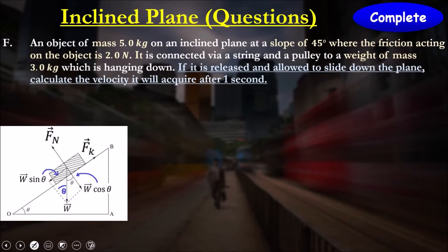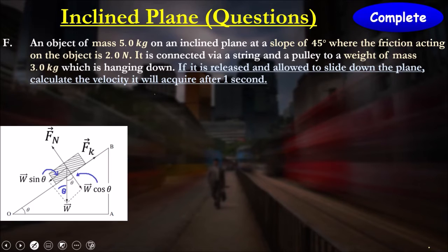The last example we have here is the mass on an inclined plane. And this time we also have friction, and we have a pulley to a weight of mass 3 kgs. So we do the exact same thing.